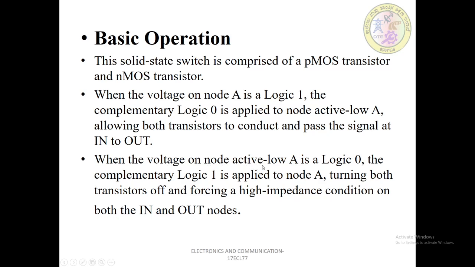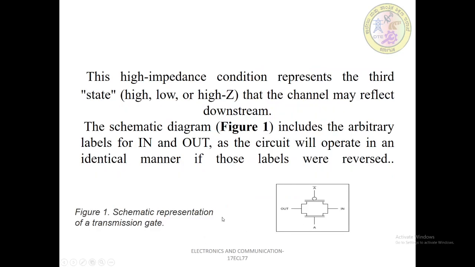When the voltage on node active low A is logic 0, the complementary logic 1 is applied to node A, turning both transistors off and forcing the high impedance condition on both in and out nodes. High impedance represents the third state; that is, we have three different states in any digital output: high, low, or high impedance, that the channel may reflect downstream.